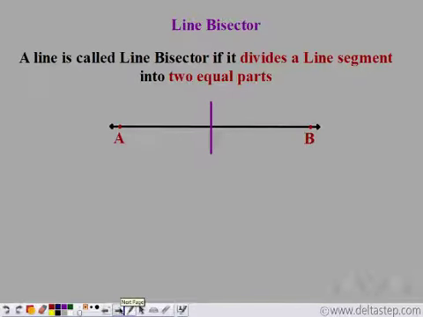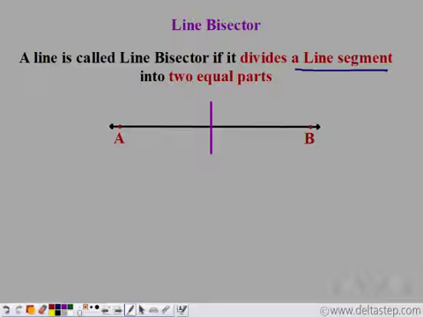Now, does a line bisector bisect a line also? We have seen that a line bisector divides a line segment into two equal parts. But what about a line? Can it divide a line into two equal parts? We have this line AB.